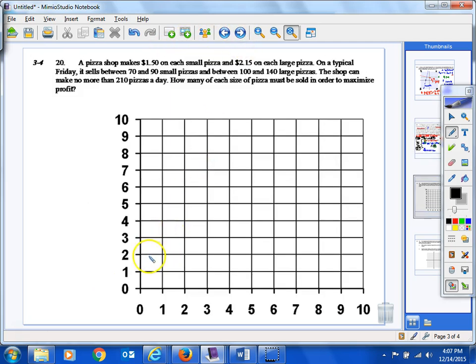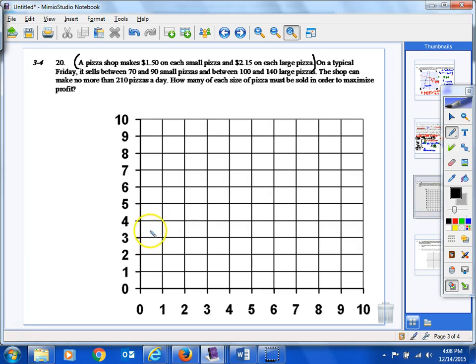Also had a request for this linear programming problem, the pizza shop problem. And so right off the bat, we'll just take this a sentence at a time, and we'll break this up into parts. The first sentence basically describes how the pizza shop earns profit.